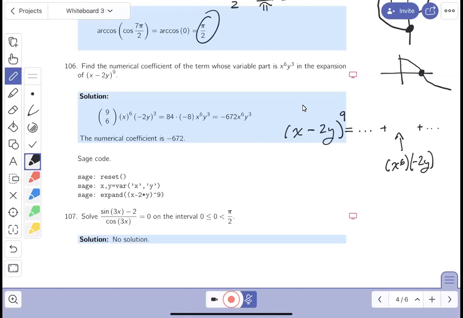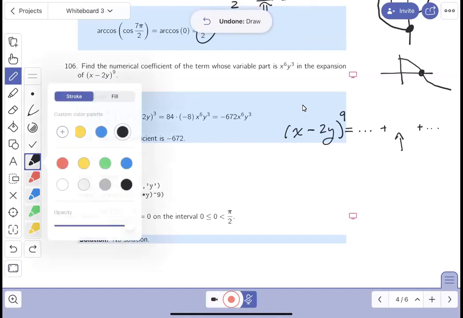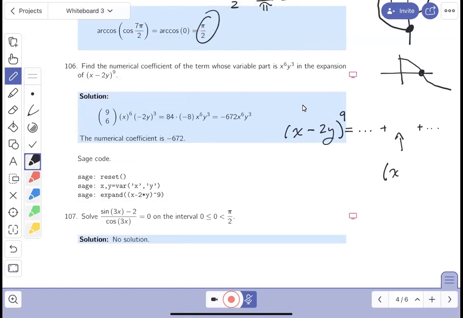Let me just back up. I'll write that down again for you. X to the 6th, minus 2y to the 3rd power. Those exponents have to sum to 9. And what goes over here? Well, I'm going to say 9. On the bottom, it could be either 6 or 3. Doesn't matter. I'll put 6 down.